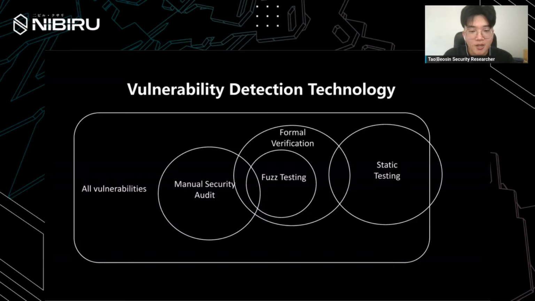As you can see, even if we use various testing methods and manual auditing, we cannot guarantee to find all the bugs in a smart contract or claim that a smart contract is bug-free. So there's still a long way to go, if you want to keep your smart contract secure and find as many bugs as possible.